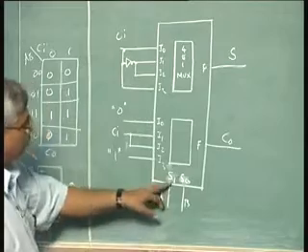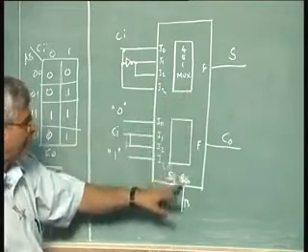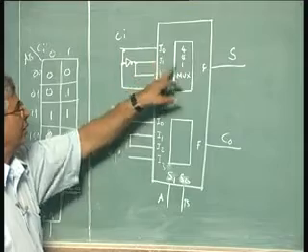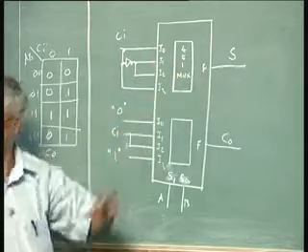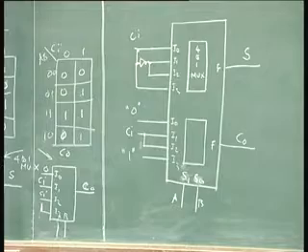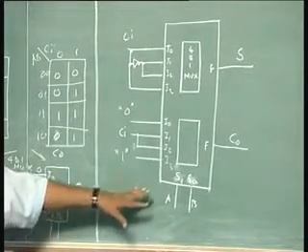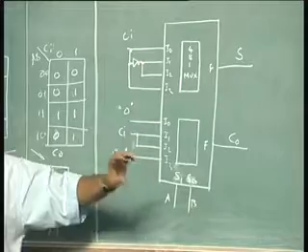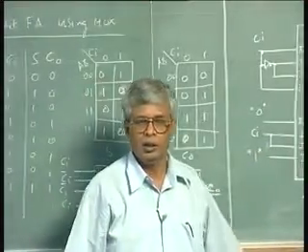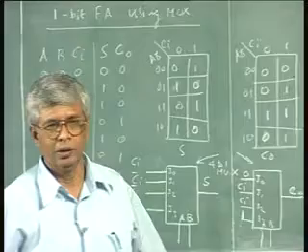Internally this would be taken here, this will be taken here, this will go here. Internal connections I cannot make, but it is there. So in a single dual 4-to-1 mux piece, I am getting a full adder. So, a single-chip solution of a full adder.